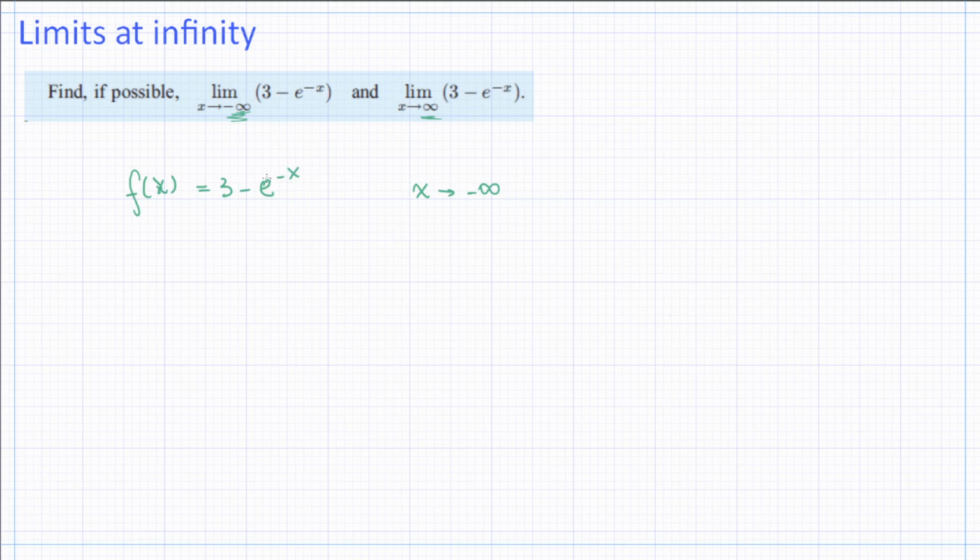So this is actually e to the power of infinity. Do you agree? So f of x would be approaching 3 minus e to the power of infinity. Now this is not a number. This is diverging. This means that this is not even properly written. This doesn't make sense. But it's just for you to understand that this would be a number which is growing each time more, so this diverges. So this limit does not exist.